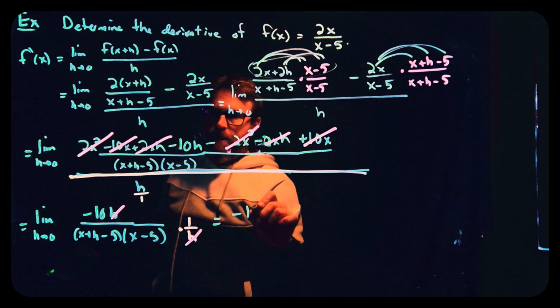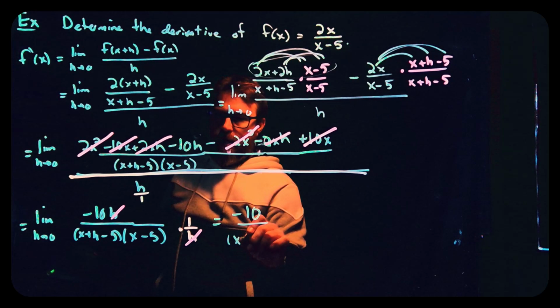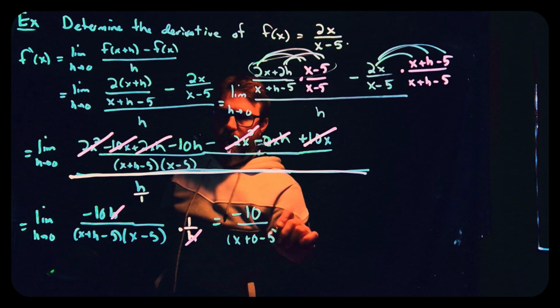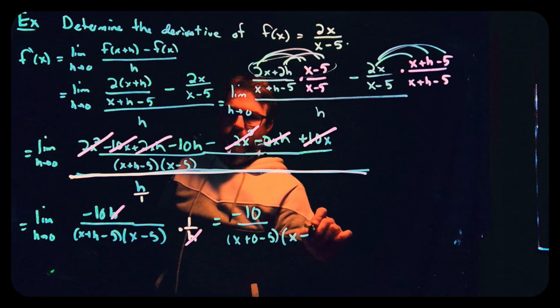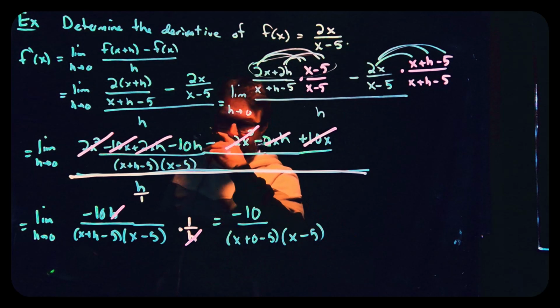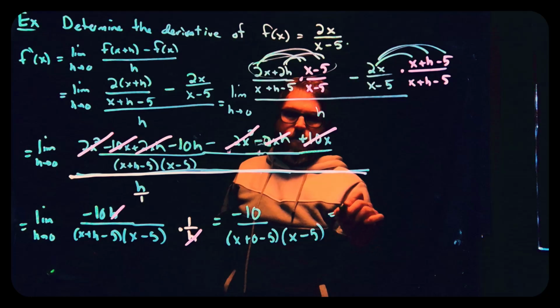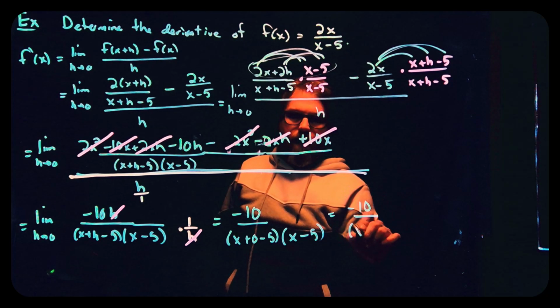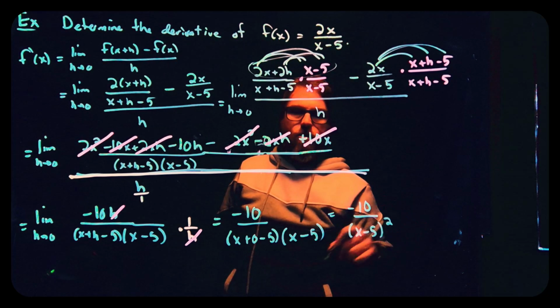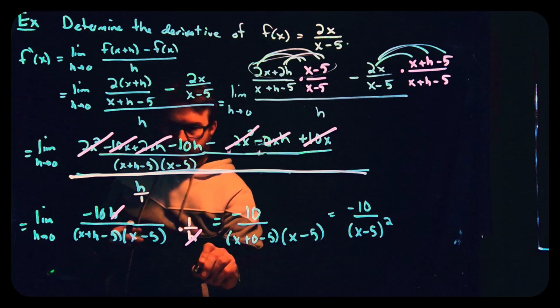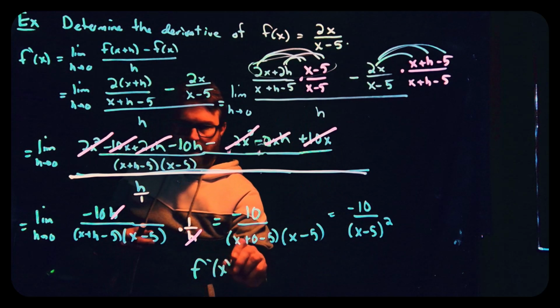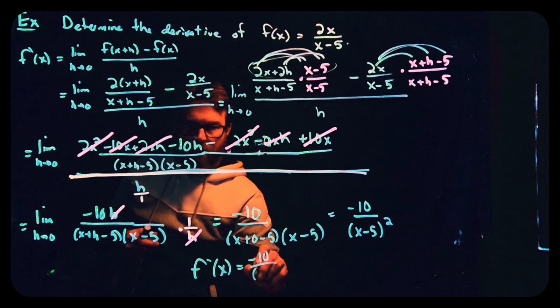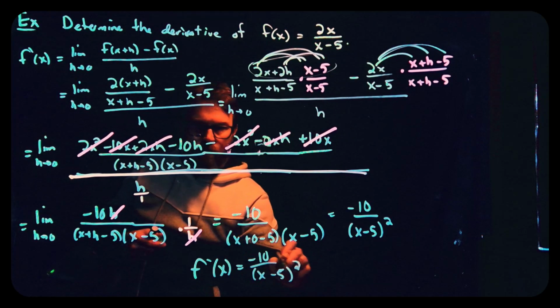So this is going to be minus 10 all over x plus 0 minus 5 times x minus 5. So this is going to be equal to negative 10 all over x minus 5 squared. So cleaning that up, f prime of x is equal to this negative 10 all over x minus 5 squared.